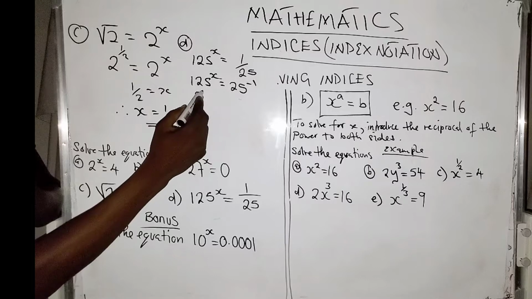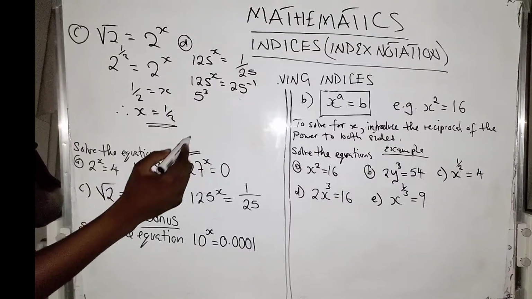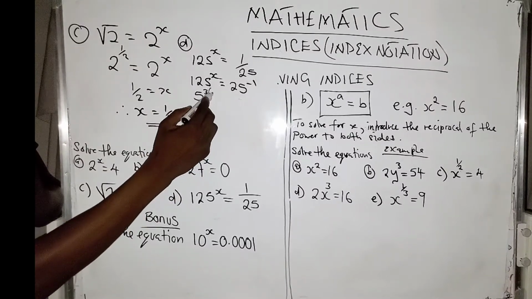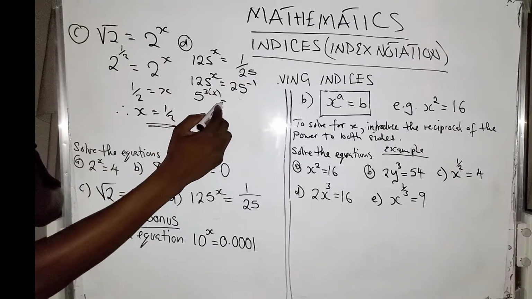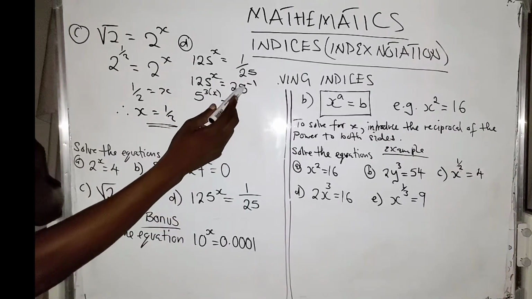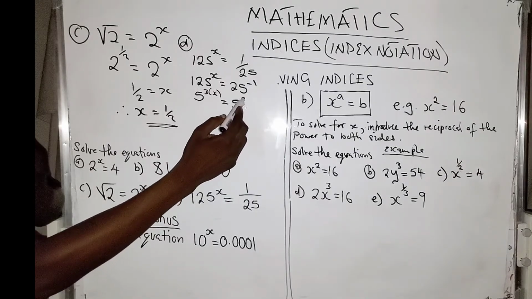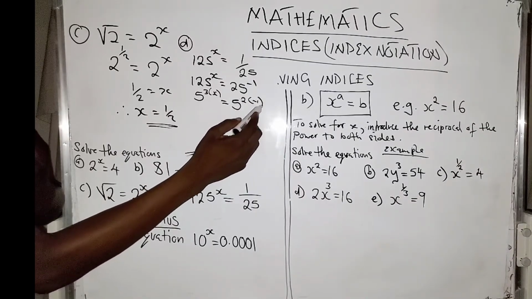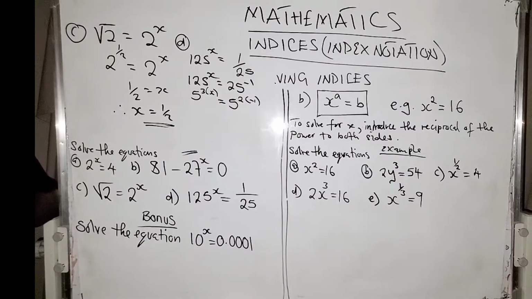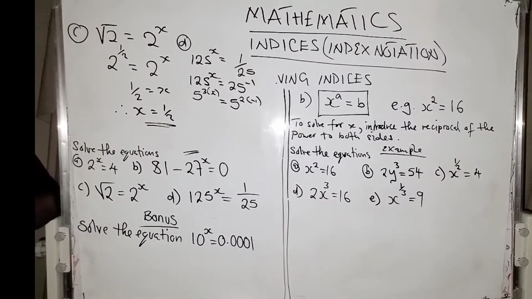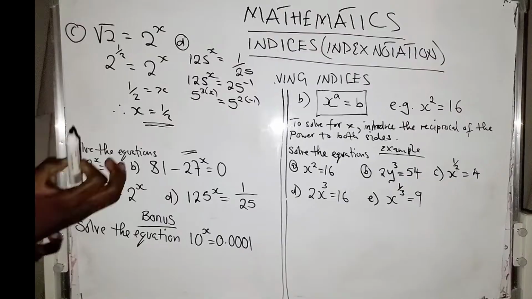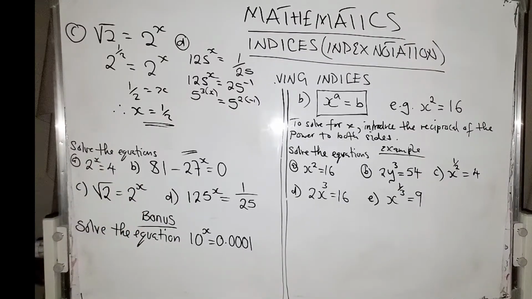125 is 5 to the power 3, right? Yes. So put it in brackets, to the power x, is equal to 25 itself. 25 is 5 to the power what? 2 times negative 1. Don't forget about the negative, right? Now, the bases are the same. Just play with these questions.